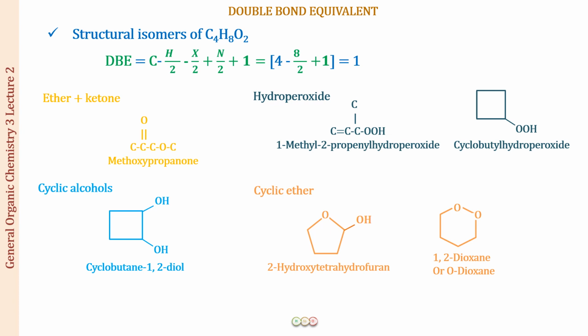Just knowing the DBE value, that you have to have one double bond or one ring, you can vary the carbons, the oxygens, the hydrogens accordingly to make the various functional groups, right? So now we had a cyclic alcohol with two OH groups. Then we have moved on to one alcohol group by replacing one with an ether and retaining an OH.